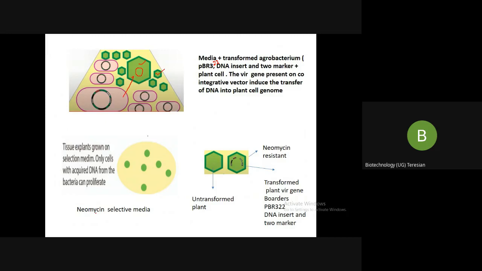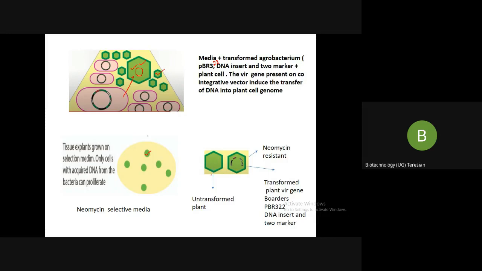So the transformed and untransformed plant cells are incorporated into the neomycin media. Only transformed plant cells with the DNA insert and the selectable markers will be able to grow in this media. That is, only your transformed or genetically modified plant can grow, and those cells which have not been transformed cannot grow.